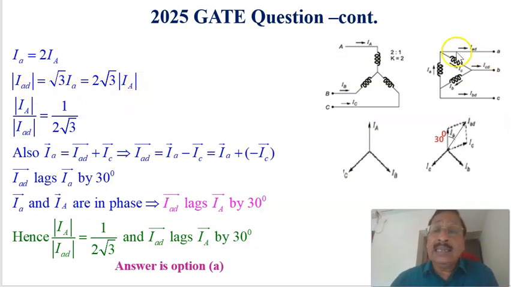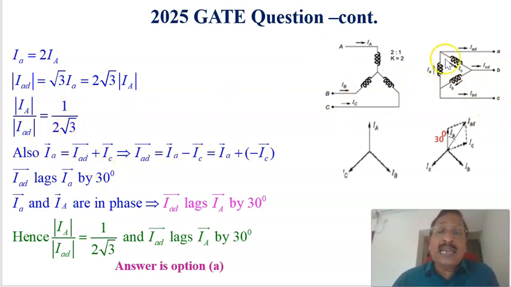That is the secondary side line current IAD. Therefore, the magnitude of IA divided by the magnitude of IAD, the line current through the primary divided by IAD, is equal to 1 by 2 root 3.